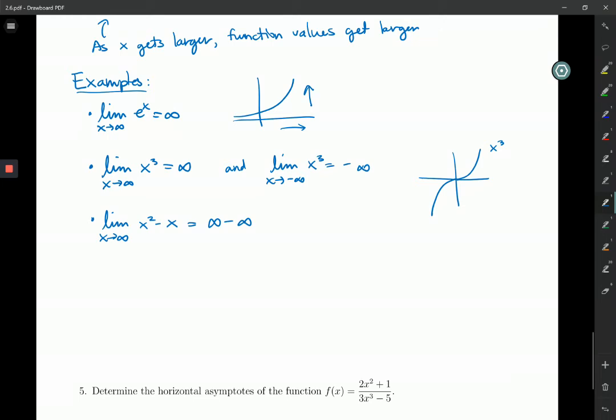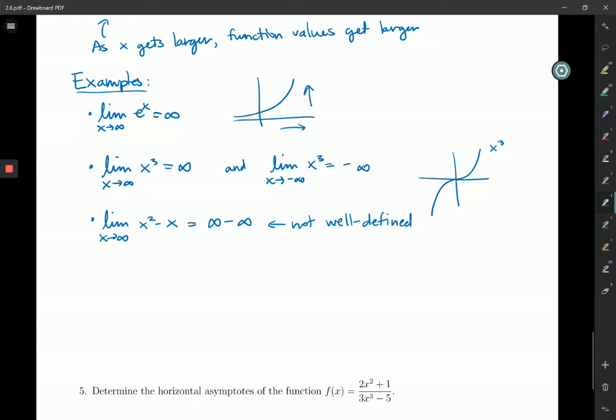But the problem there is that this is not well defined. It's actually what is called an indeterminate form. We're not going to talk about them right now. We are going to talk about them later in this class.